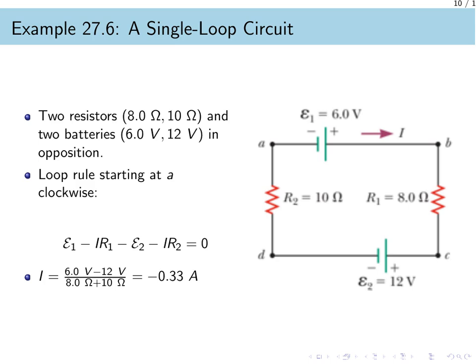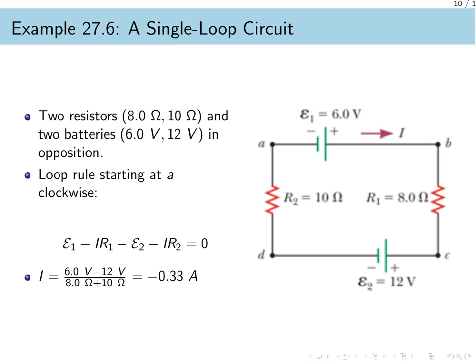A single loop circuit with 2 resistors and 2 batteries in opposition. We start at point A and travel clockwise. Crossing the first battery from negative to positive gives plus epsilon 1. Moving through the first resistor with the current gives minus I times R1.